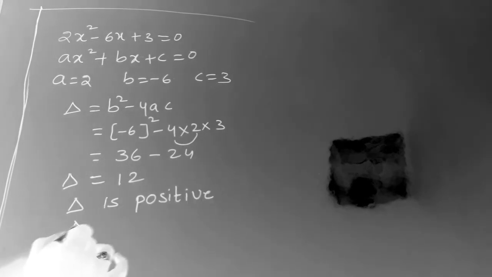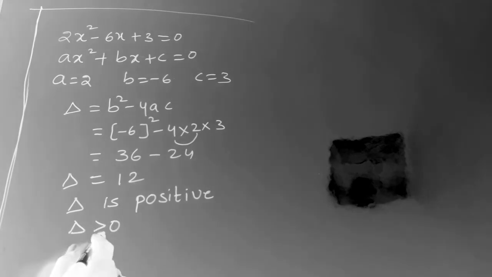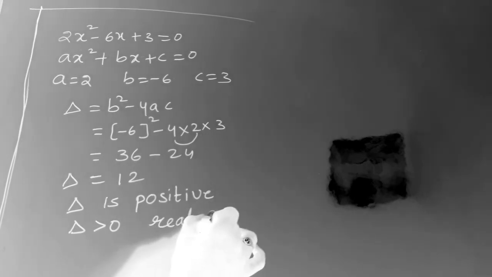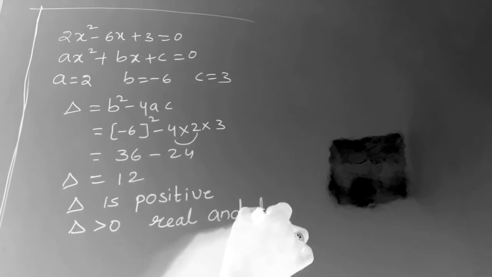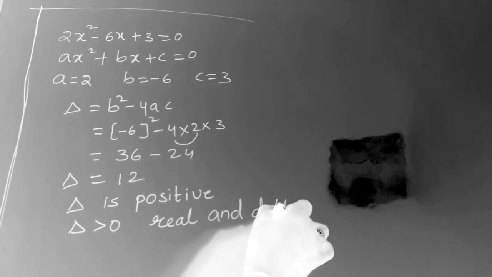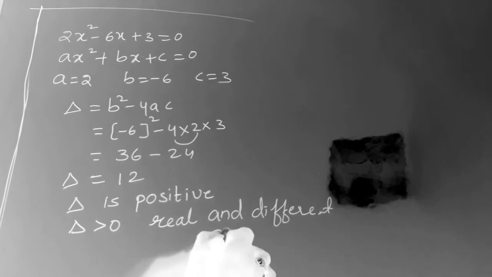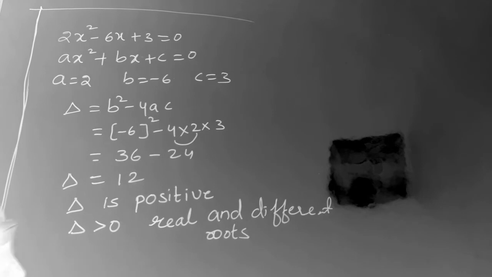So delta is greater than 0 or positive, we can write. So if it is positive, the roots are real roots and different roots. So real and different means you won't get the same roots. Okay, now we will find out the roots.